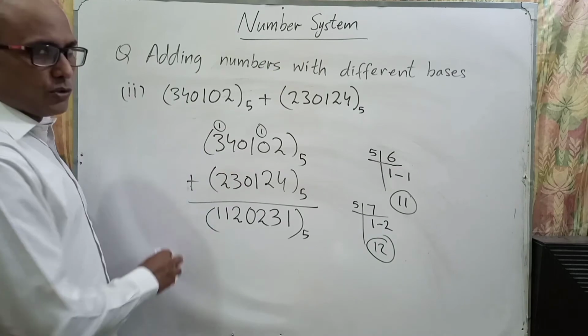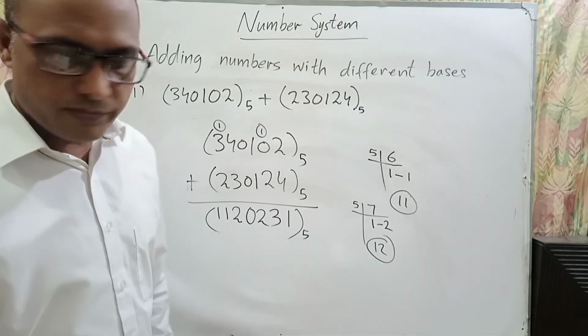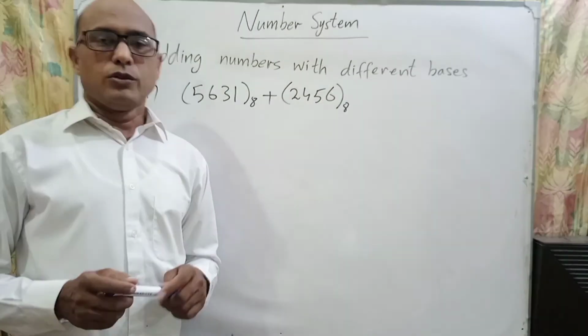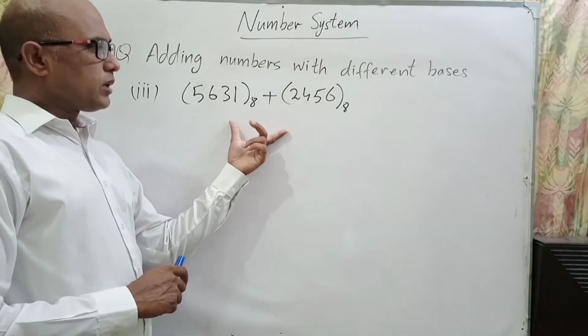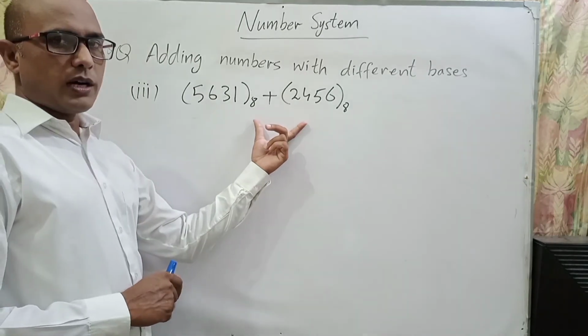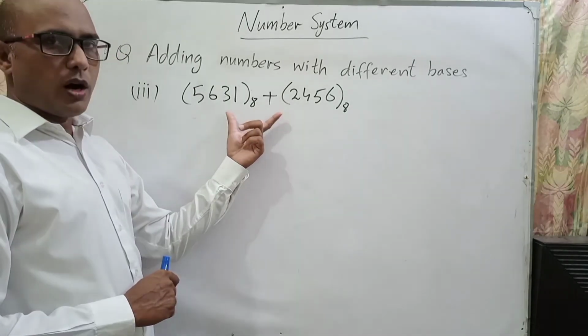Students, next we have to find the addition of octal numbers. Okay students, let's do the next part. These are two numbers with base 8. Base 8 is called an octal number. So these are two octal numbers.